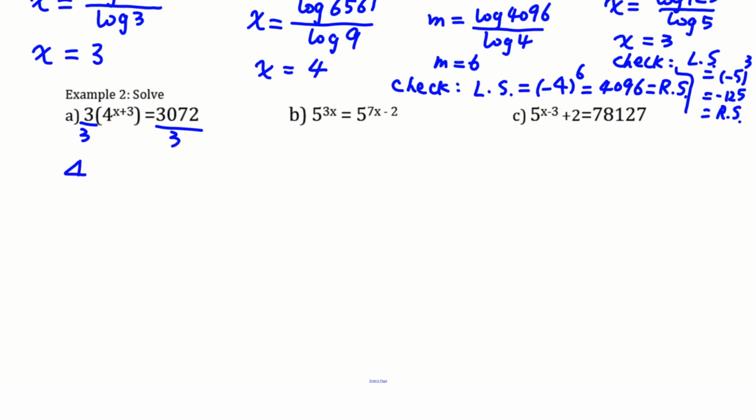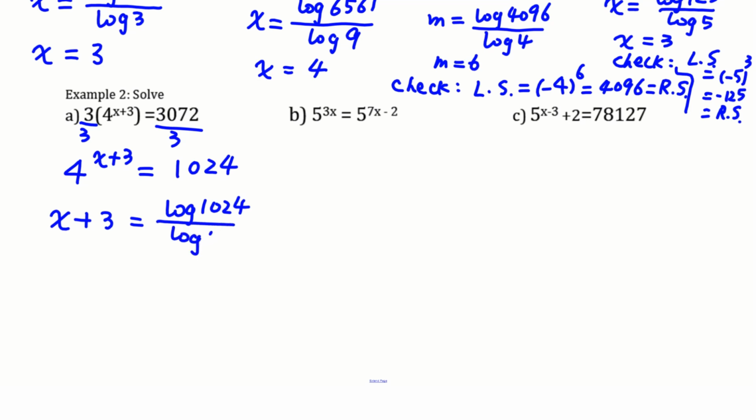So 4 to the exponent x plus 3, one base and one exponent on one side, and this one is 1024. Then you could guess and check, or you could just use a log. x plus 3 equals log 1024 divided by log 4.